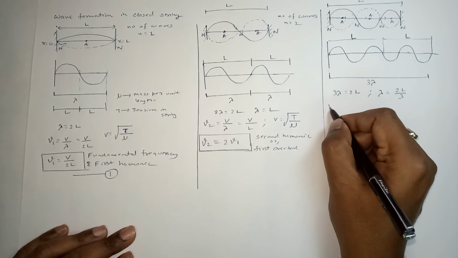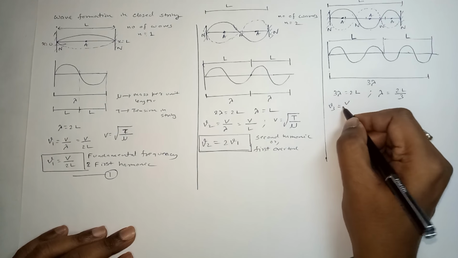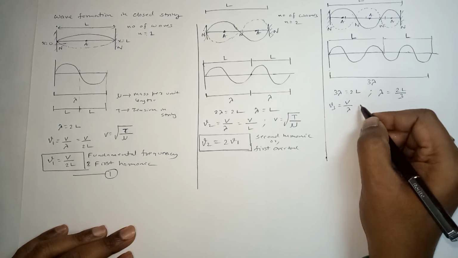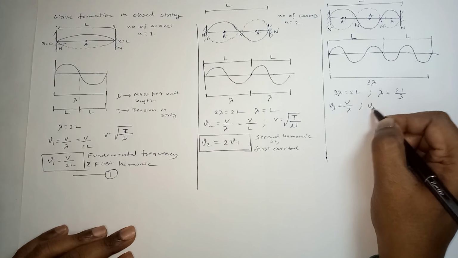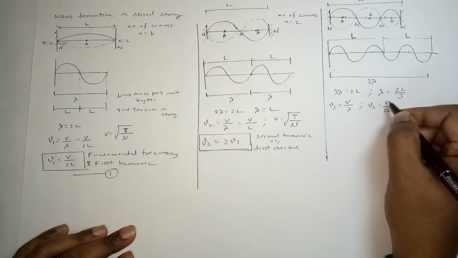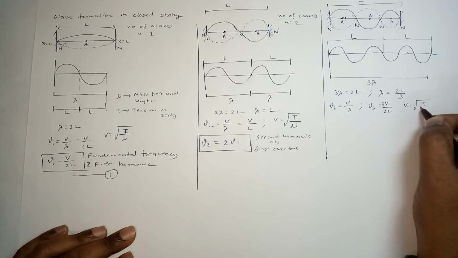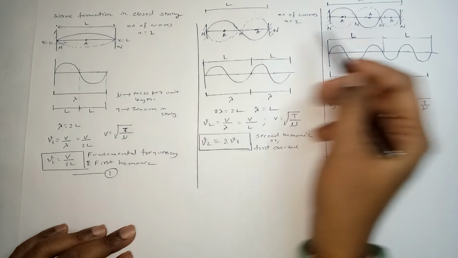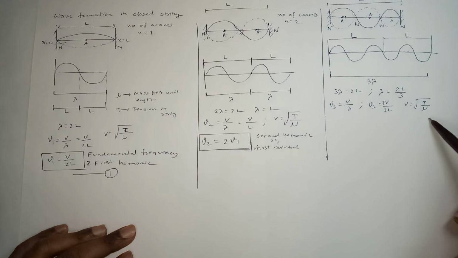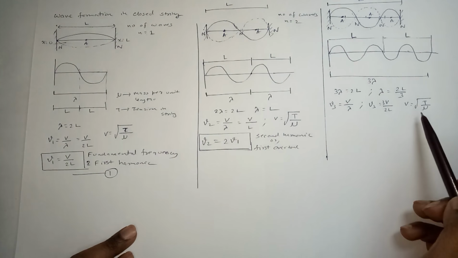Now let's write the equation for frequency. That can be written as mu is equal to V by lambda. So mu3 is equal to V by lambda, which is V divided by 2L by 3, where V is equal to under root T by mu. Since the string is the same, tension and mu remain the same, so velocity is also the same, here, here and here.